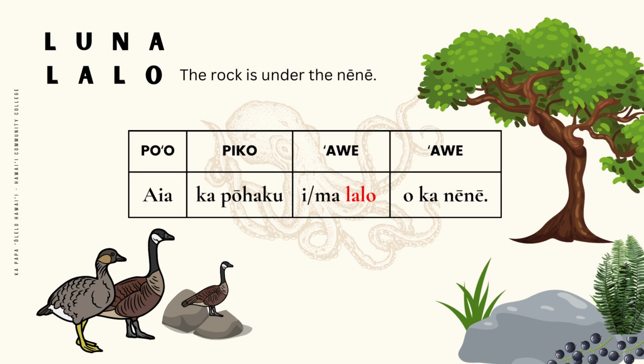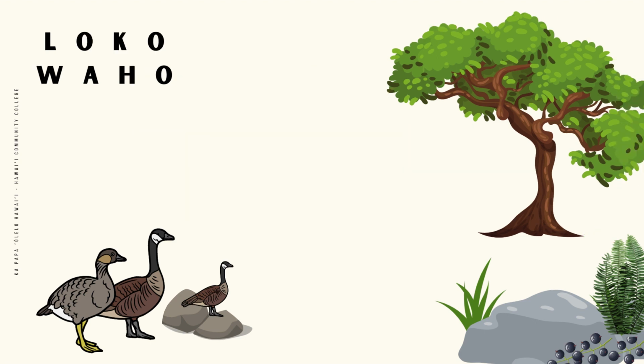So the last ave is o ka nene. The rock is under the nene. Aya ka pō haku I lalo ka nene. Aya ka pō haku ma lalo o ka nene. As you can see, this is not a literal translation of the English sentence because of our need for ami in Hawaiian. 2 Iʻoa Henua down, 8 to go.